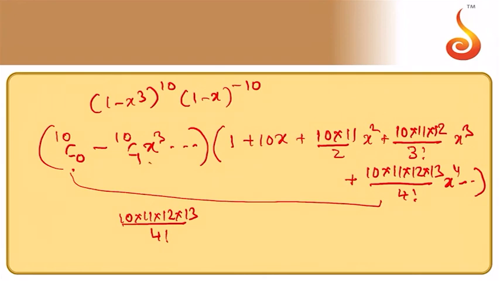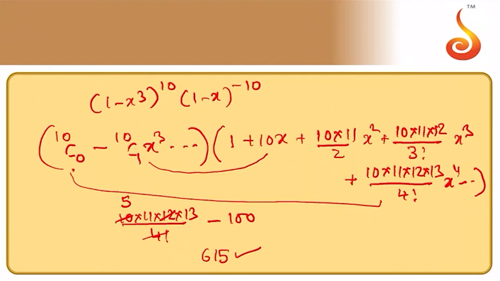Further we don't require. So this term is multiplied with this one. So we get 10C0 times 10 into 11 into 12 into 13 by 4 factorial. Next, minus x cube times the x term will give minus 100. So finally, we get 615.